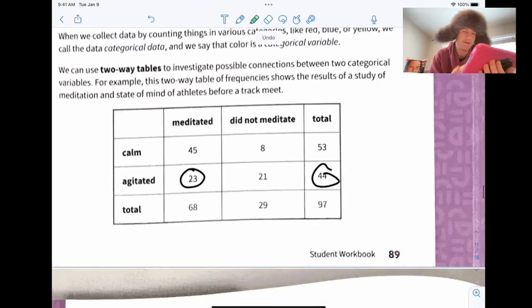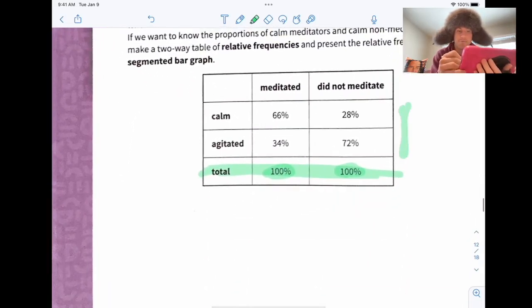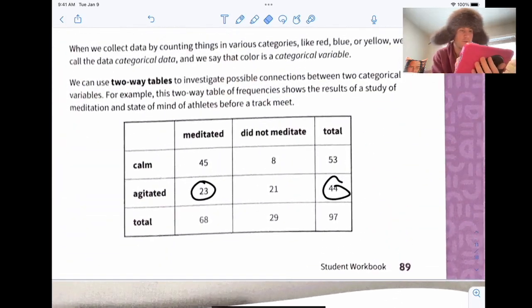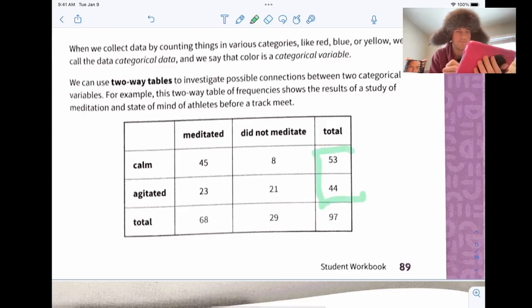However, if they have row totals at the end, so the 100% is at the ends of the rows, then you're going to use the row totals, or these right here. Okay, so that's kind of a crash course in relative frequency tables.